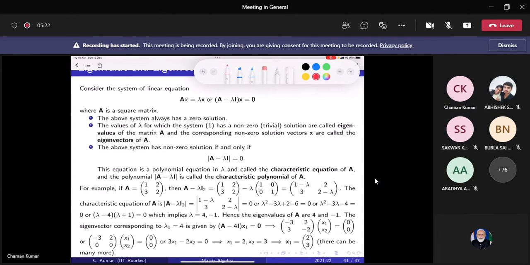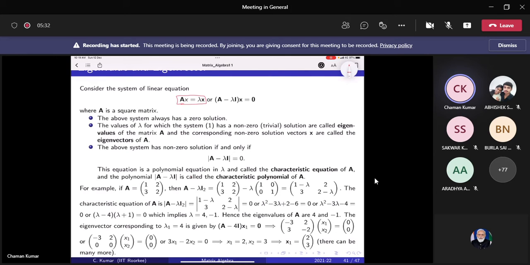Okay. In the eigenvalue problem, we are interested in finding the value of lambda for which the system has a non-zero solution. That means you have to find a value of lambda so that you have a solution which is not equal to 0.